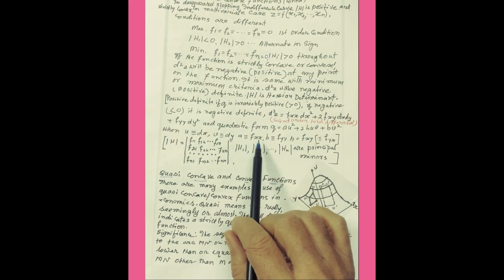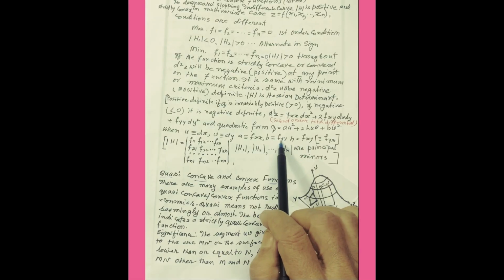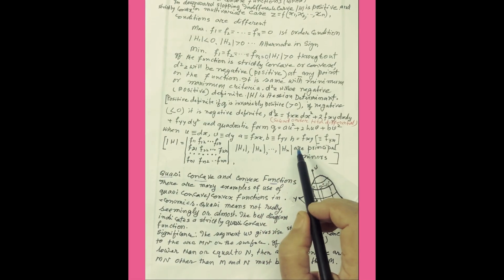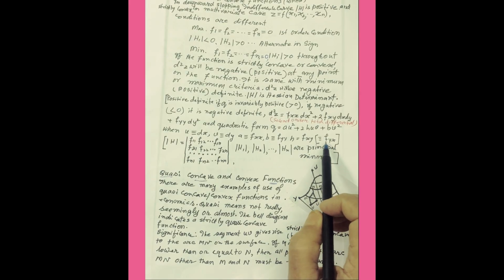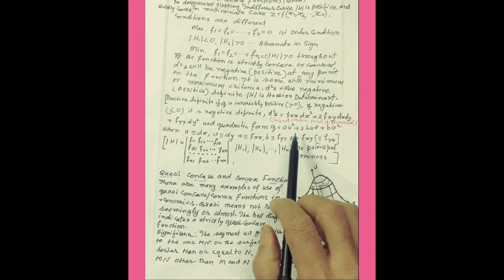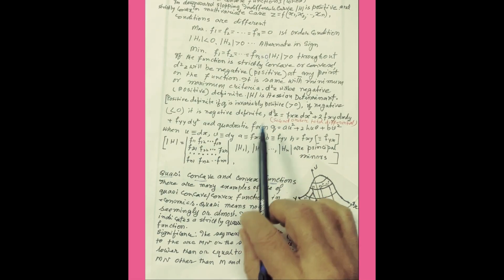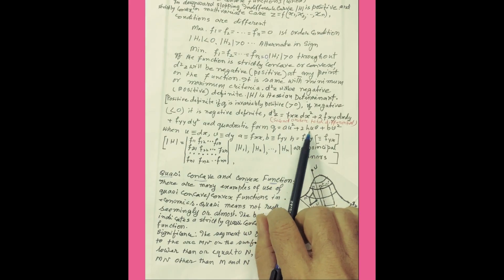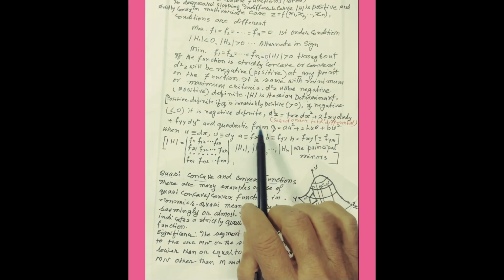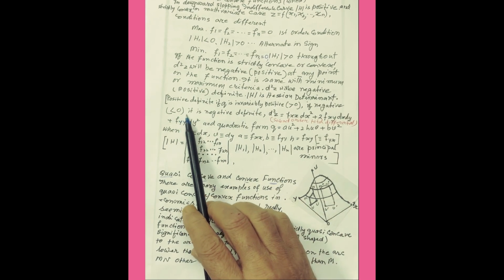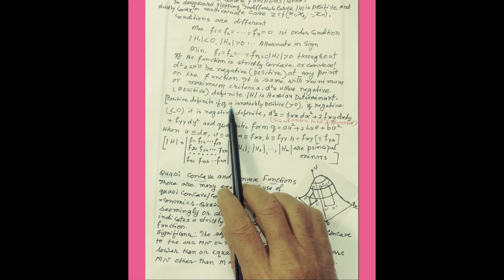A is identical to fxx, B is fyy, and H is fxy or fyx. So this second order differential can be written in this form. If it is less than 0, it is negative definite. If it is greater than 0, it is positive definite.